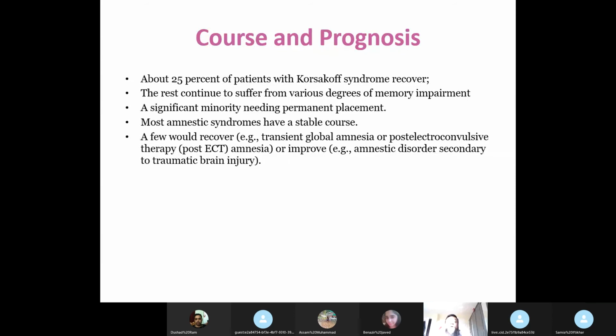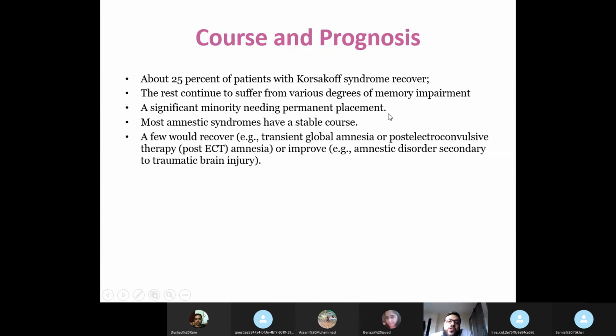So about 25% of patients may recover. The rest continue to suffer from various degrees of memory impairment. A significant minority needs permanent placement, and most amnesic syndrome may have a stable course.